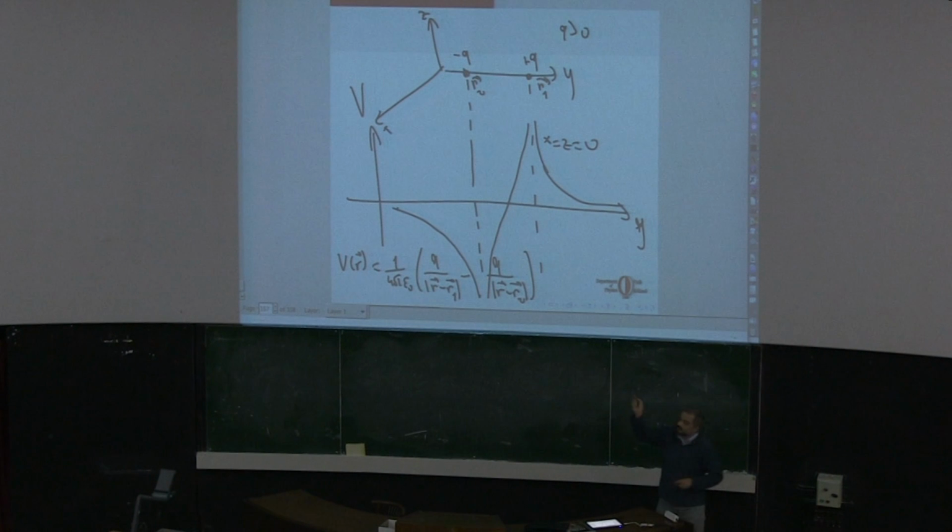Now, if you look at this distribution, it doesn't have any symmetry with respect to the origin. But nevertheless, it is symmetric with respect to this point. So if you put a mirror over here, let's say, the position of the two charges will just change.